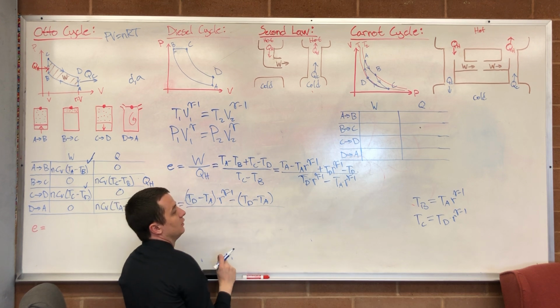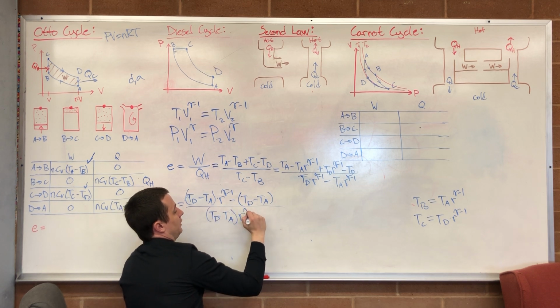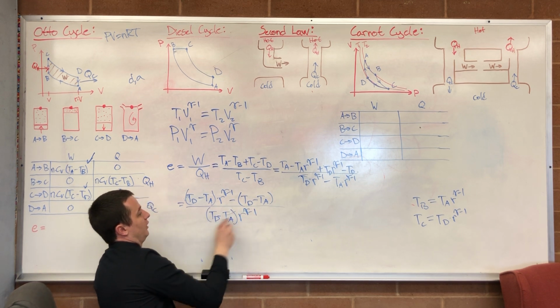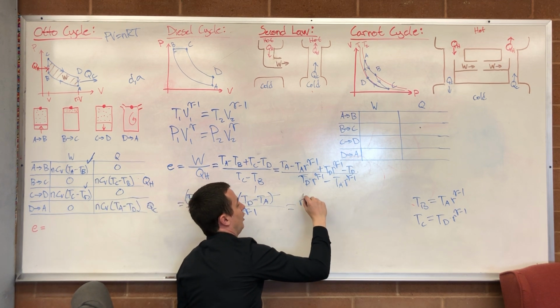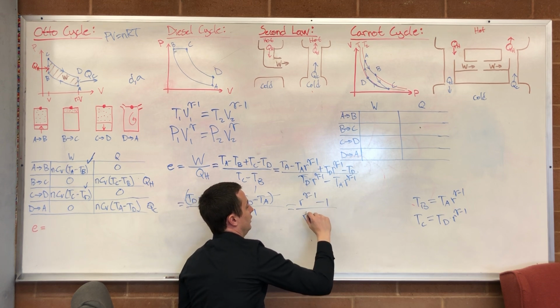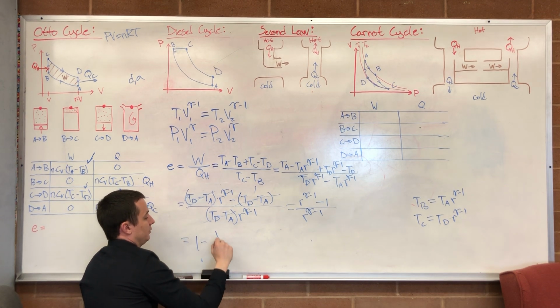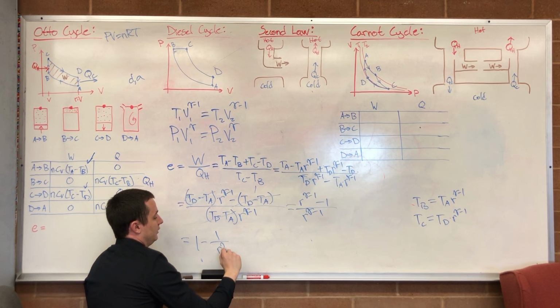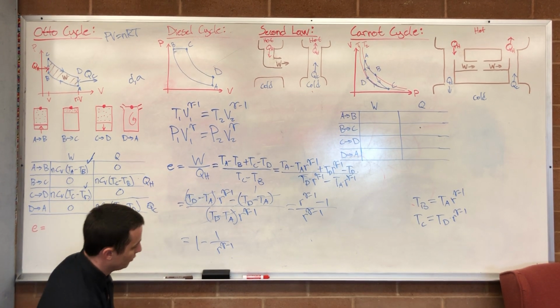Right? Yeah. Okay. And that's all over TD minus TA times r to the gamma minus 1. Now, those all cancel out, leaving a 1 right there, and now that's going to be 1 minus r to the gamma minus 1 all over r to the gamma minus 1. Or we could also write it as 1 minus 1 over r to the gamma minus 1. There we go, much better. The efficiency can't be more than 1.